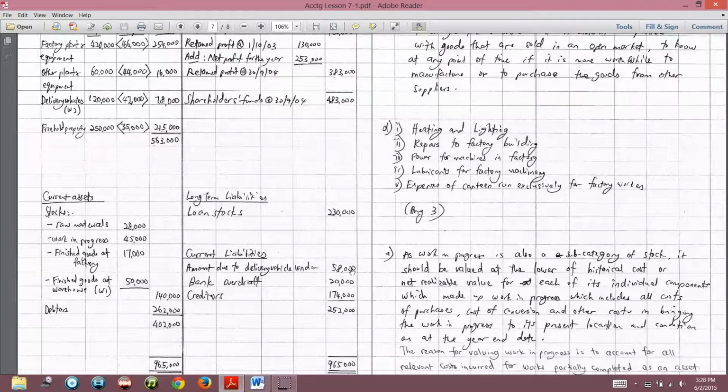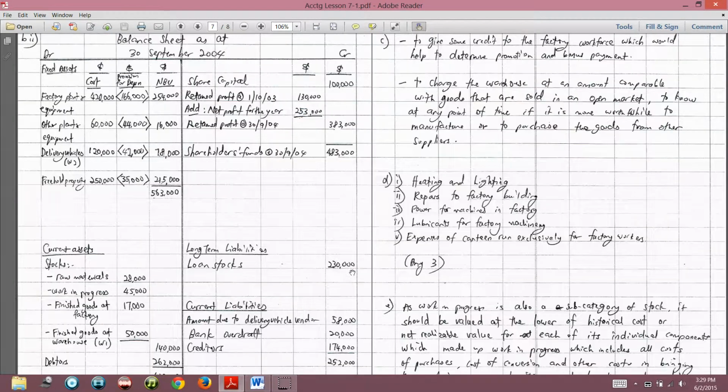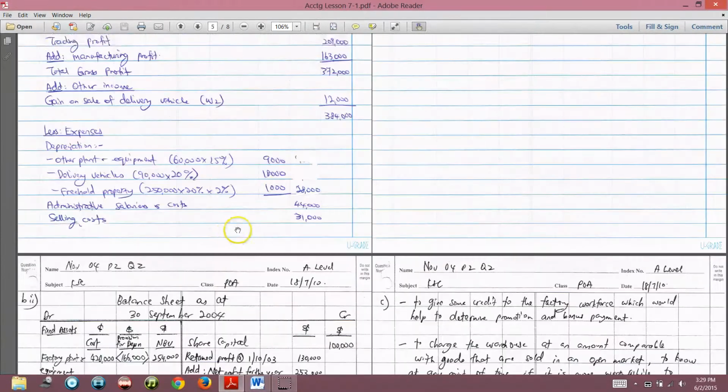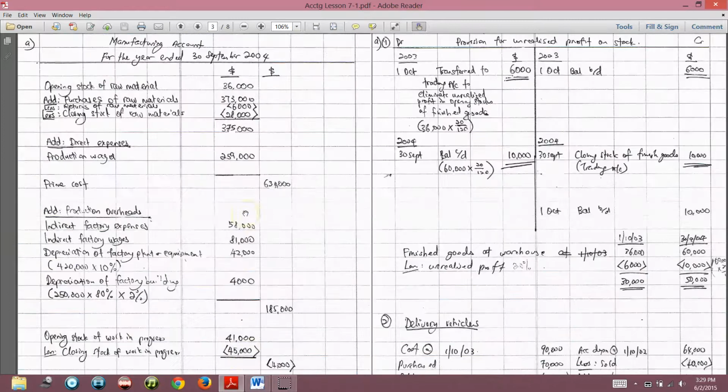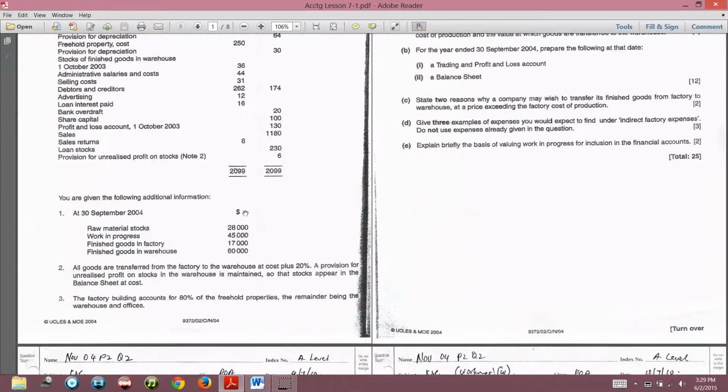So in the question, under the trial balance, delivery vehicle at cost is 90,000.